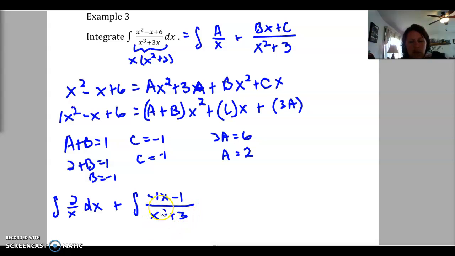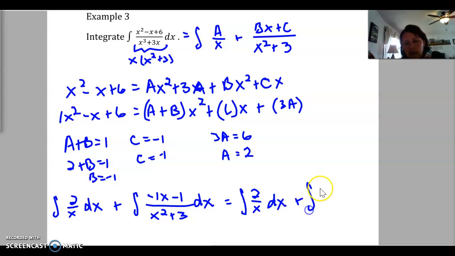Now this one, we can split up into 2 separate integrals as well. So let's split that fraction. So we have the integral of 2 over x dx plus the integral of -1x over x squared plus 3, and then plus the integral of -1 over x squared plus 3 dx.